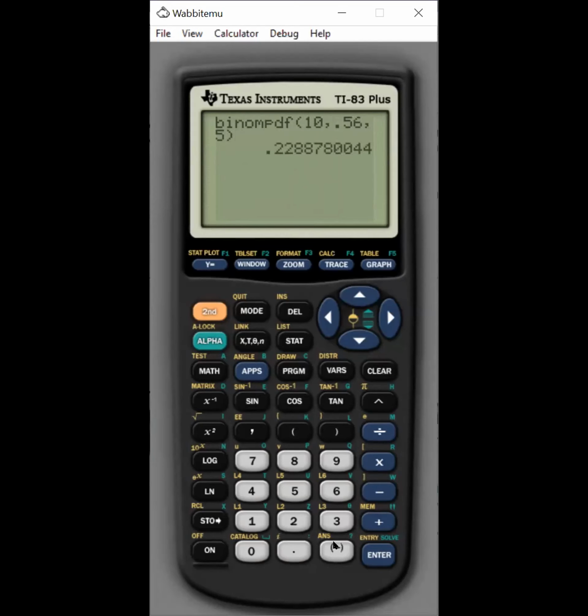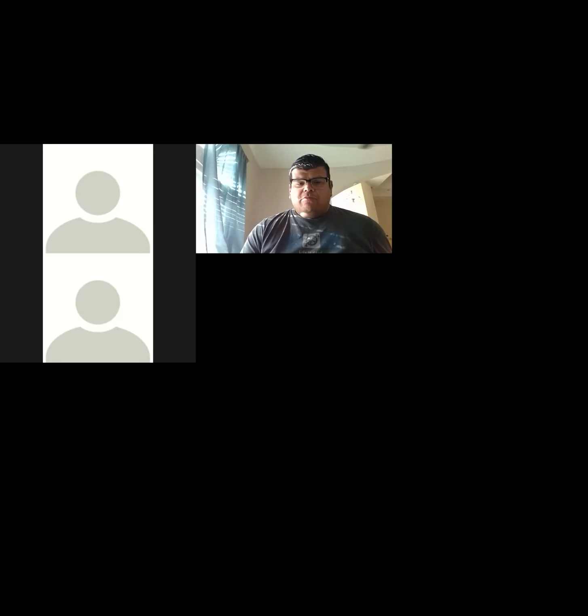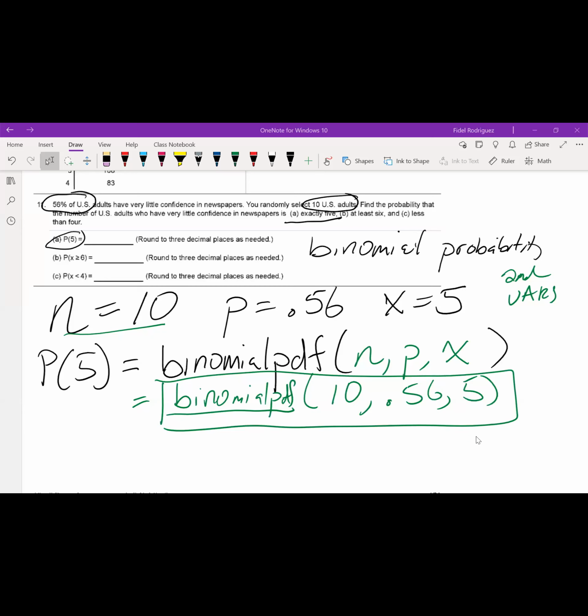And so the number that I'm coming up with here is 0.2288. I think the directions say we're going to round it to 3 decimal places. So I'm going to put 0.229, okay? Let me stop sharing that, and I'll come back one more time and share my notes. So right here, y'all, I'm going to put 0.229.